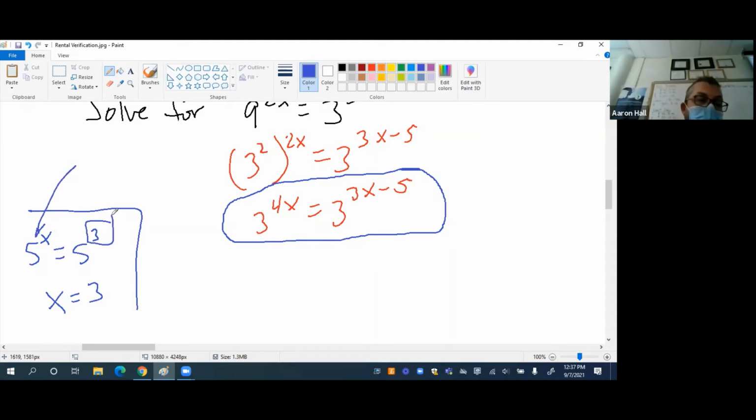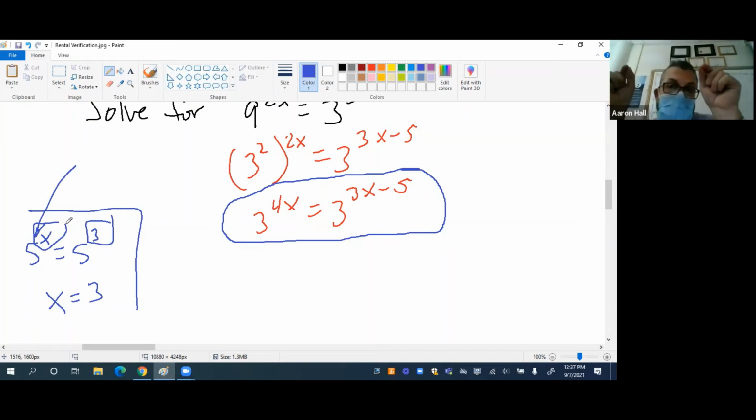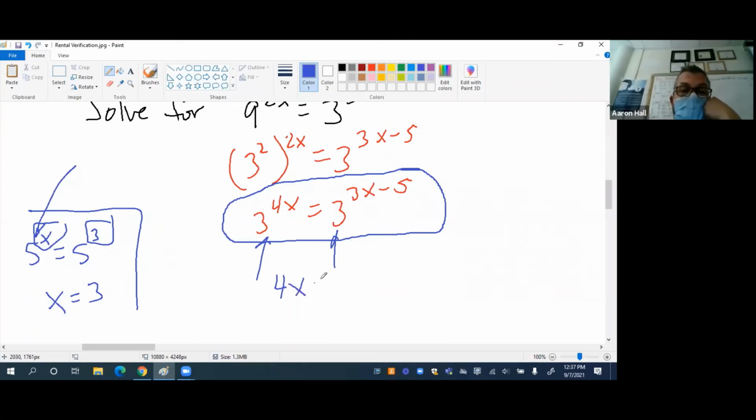If this is my exponent here and this is my exponent, that's the only thing it could be. So couldn't you say then, Lachlan, that once you have the same bases, it implies the exponents are equal? So isn't it also true that we have 4x equals 3x minus 5?